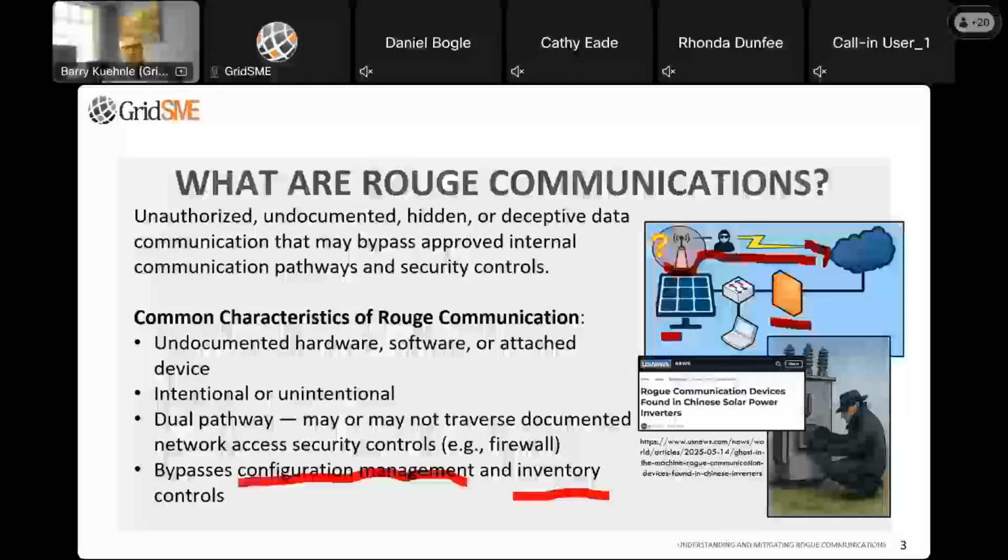Now, with that said, I'm not saying that these devices that were found are intended to be malicious. We don't know that. But the point is, they now have these undocumented devices in these systems, with a dual pathway going into them that's completely undocumented and unmonitored. There's no visibility whatsoever within these devices. The security professional, or anybody working in that environment, has no idea that there's communications going in and out.